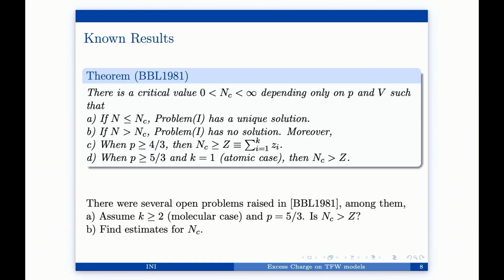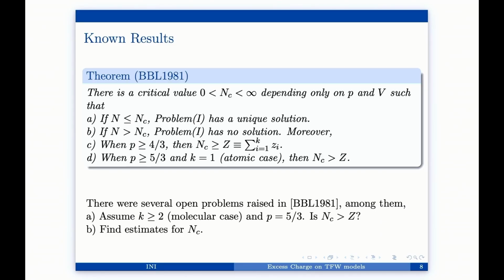Nc is the maximum charge that the system can have, and if the number of electrons is bigger than Nc, the electrons prefer to go to infinity. As I said, it's important to prove that Nc is bigger than 1 for appropriate values of the constants.